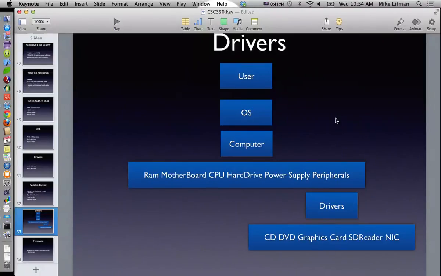Does that make sense? So that's how software drivers are written. Software drivers are written in terms of the simplicity the operating system has built into it, and in terms of the complexity that the new, improved, latest, greatest, awesome hardware has built into it. That make sense?